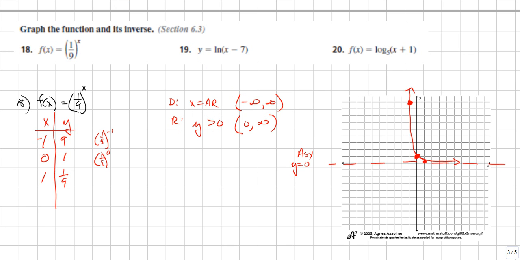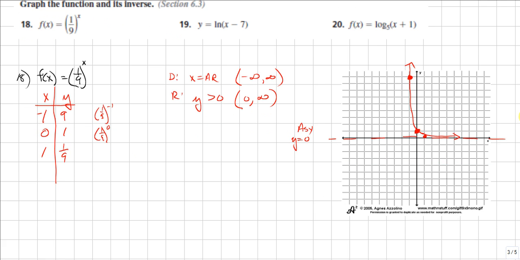And now let's do the inverse. And let's go ahead and make the inverse equation. But when I plot it, I'm just going to switch the points. So I've kind of got my domain and range in the way.